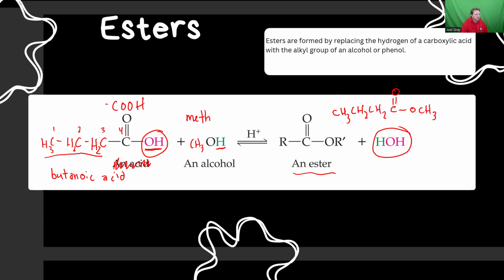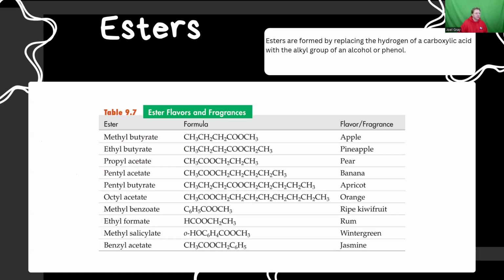This ester, that was kind of our whole point here. Esters are formed by replacing the hydrogen of a carboxylic acid. So we replace the hydrogen in butanoic acid with the alkyl group, so the carbon group of an alcohol or of phenol.